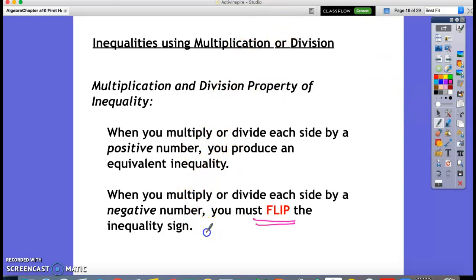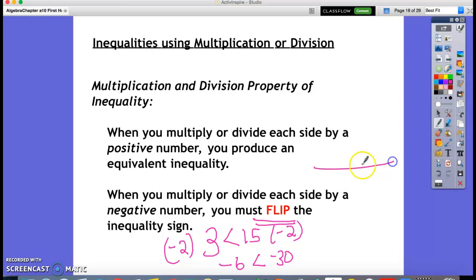So for example, if I have 3 less than 15, I'm going to multiply both sides by negative 2. What do I get? Negative 6 less than negative 30. Does that make sense? Negative 6 is here and negative 30 is here, right?